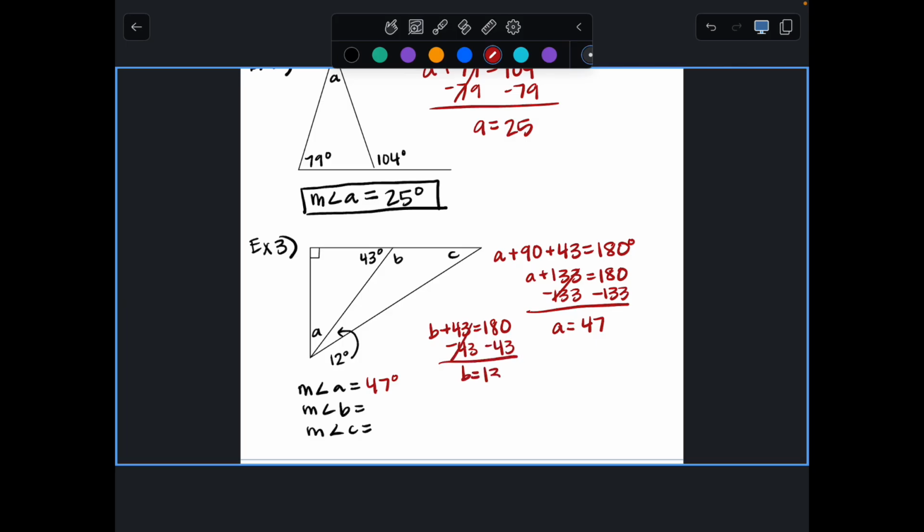B equals 137. And now that we know B, you can find C. C plus 12 plus 137 equals 180. 31 degrees.